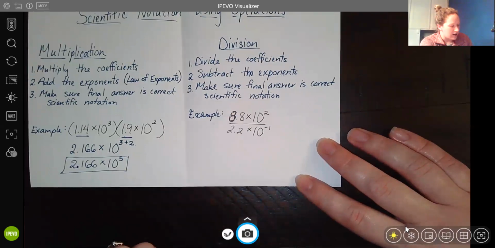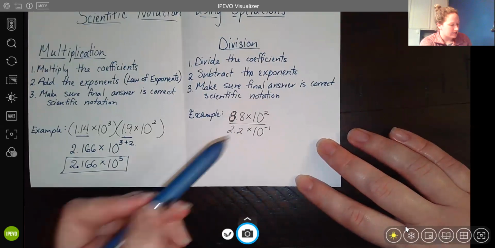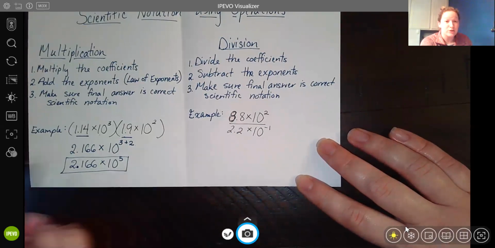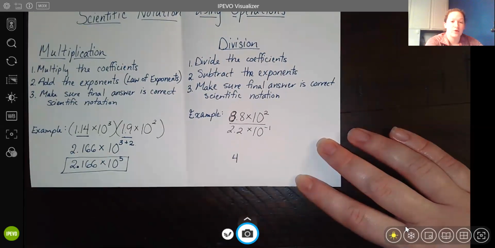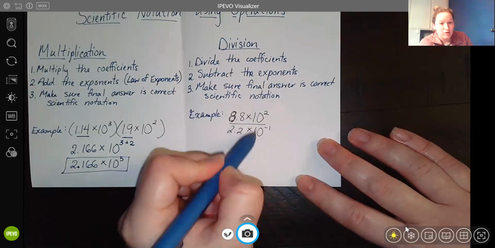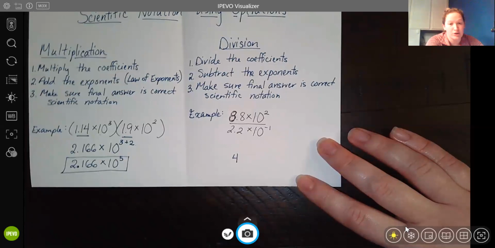If I take 8.8 and divide it by 2.2, it works out nicely to get a 4.